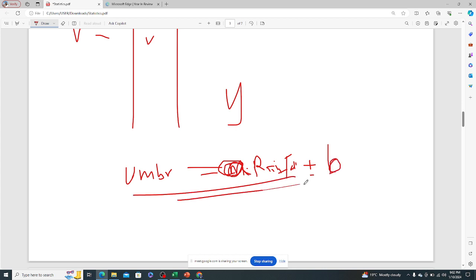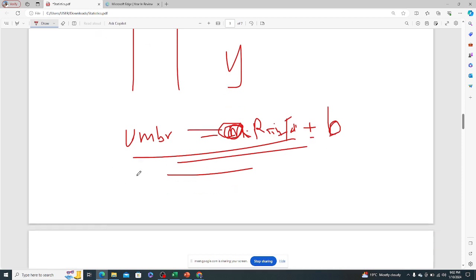So this will be our model. You can see it is taking the same format as the equation of a straight line. We have a constant attached to x, our independent variable, and then we have a constant which is the y-intercept.